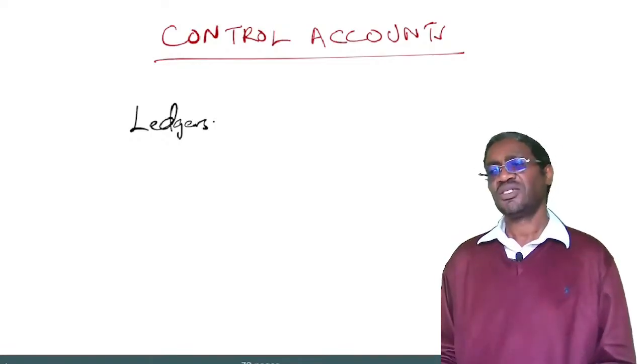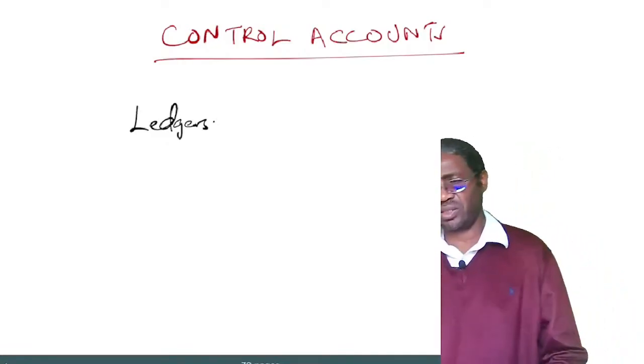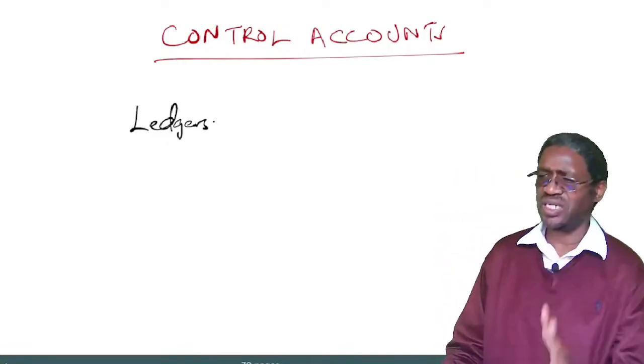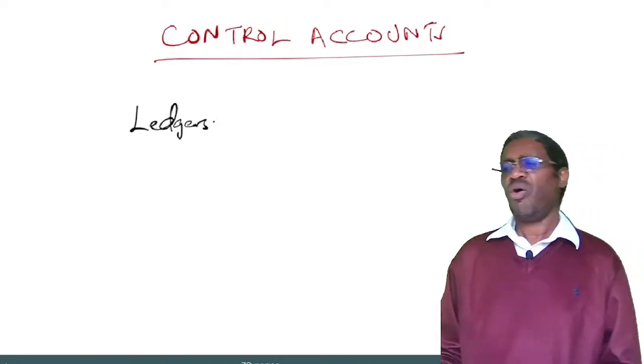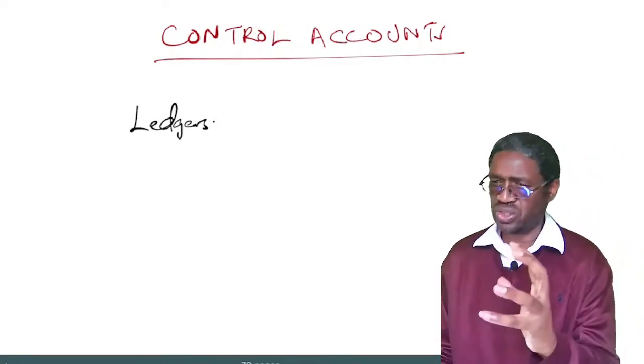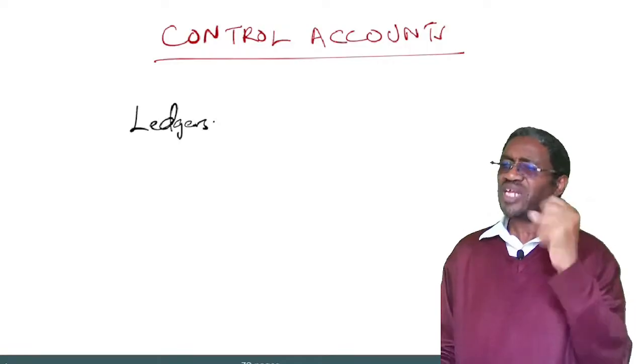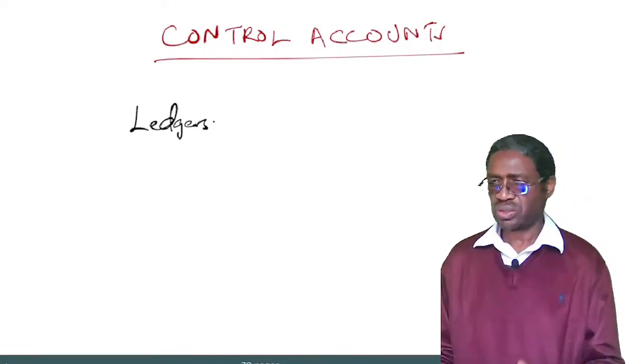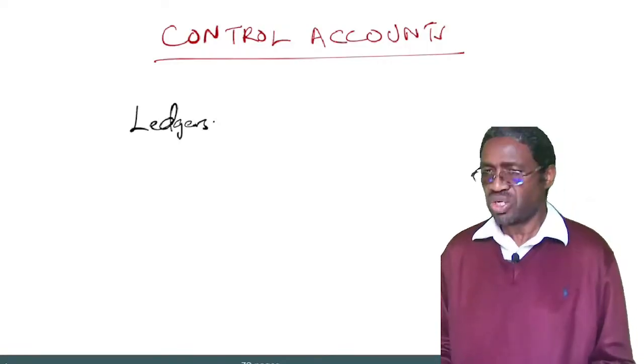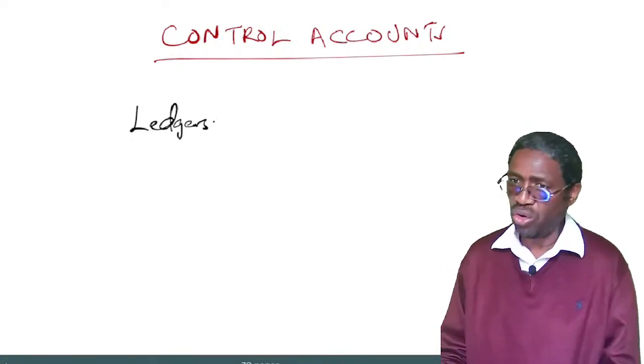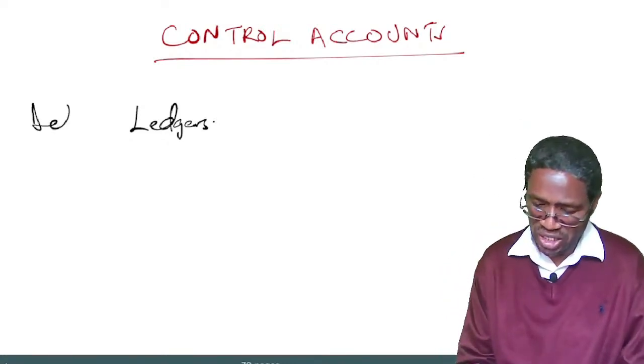Listen. So if you have debtors, maybe you have 100 debtors, all those debtors' accounts are normally recorded in one book, and that book is called the debtors ledger.